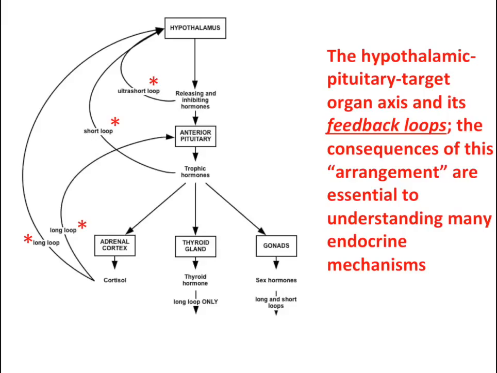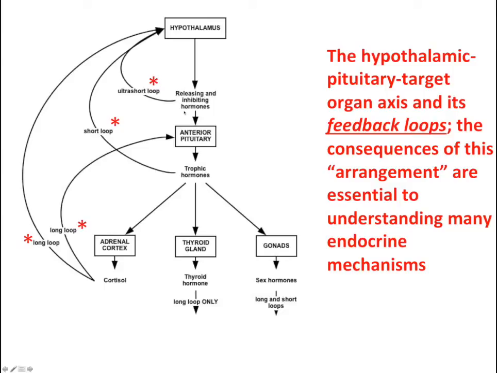It's important to note that there are negative feedback mechanisms to this hypothalamus pituitary organ axis, and they are of varying lengths. So the hypothalamus releases hormones that act on the anterior pituitary, but these hormones themselves can feed back onto the hypothalamus to inhibit the release of itself.